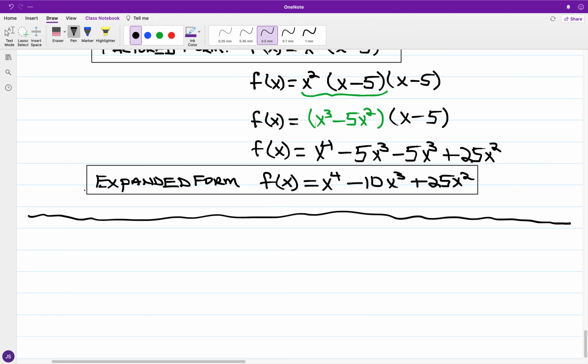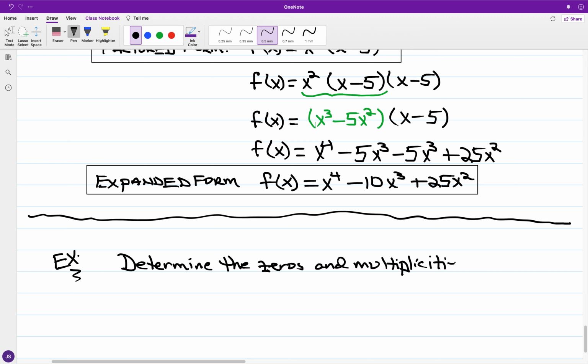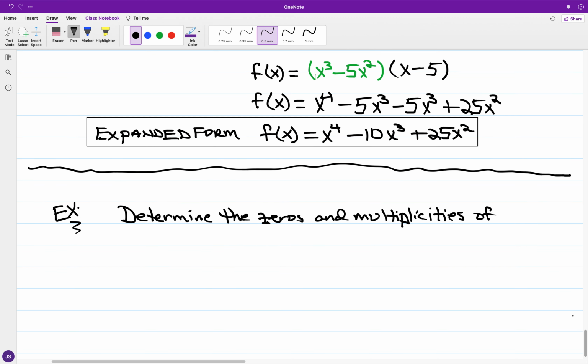Let's say I determine the zeros and multiplicities, and we'll say that we have f of x equal to x to the 8th plus x to the 7th, and we'll say minus 28x to the 6th.